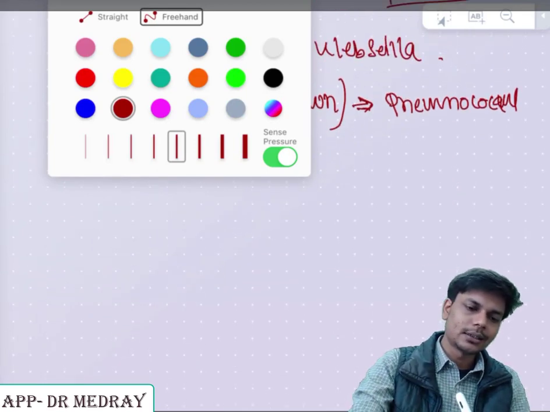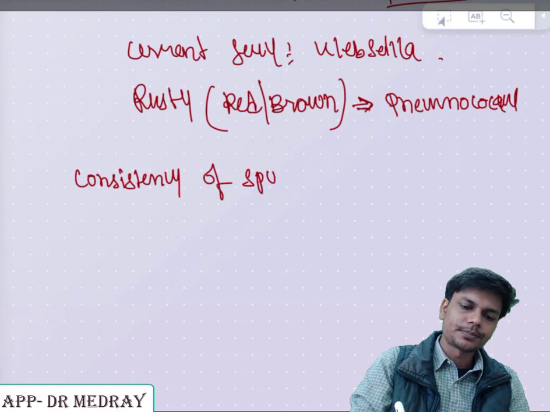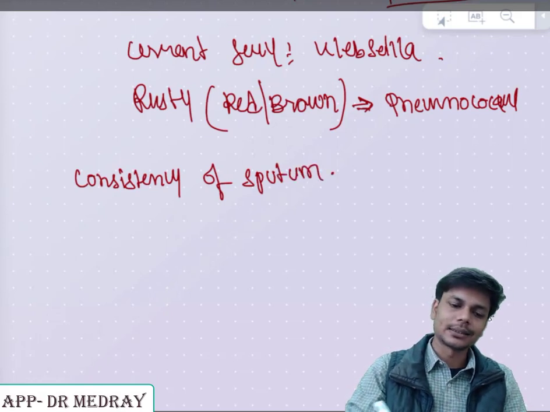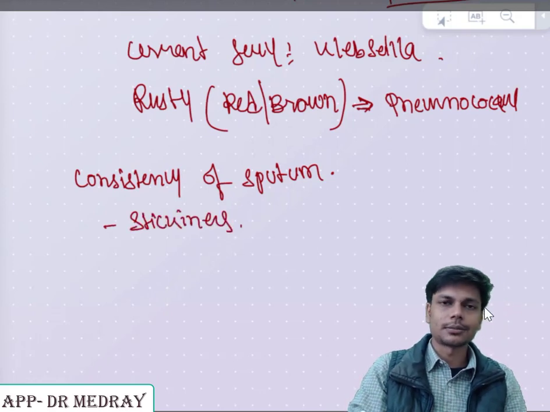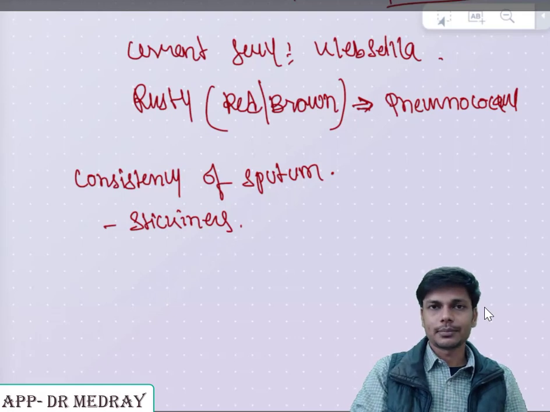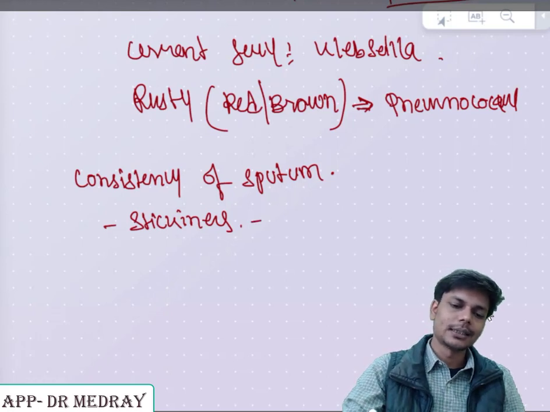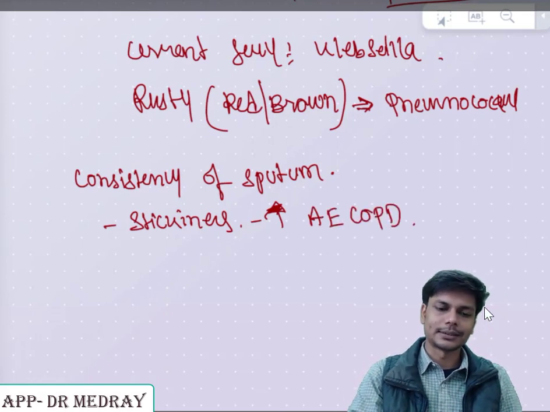The consistency of sputum. What is the consistency of sputum? The stickiness of sputum. If the stickiness of the sputum has increased, it suggests an acute exacerbation of chronic obstructive pulmonary disease.